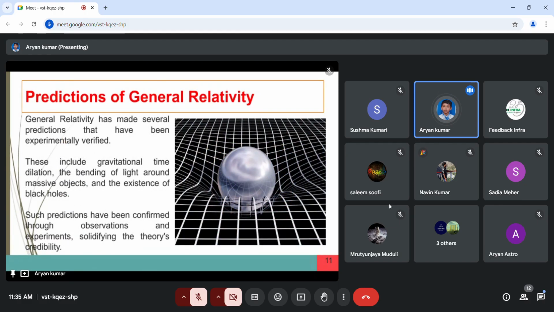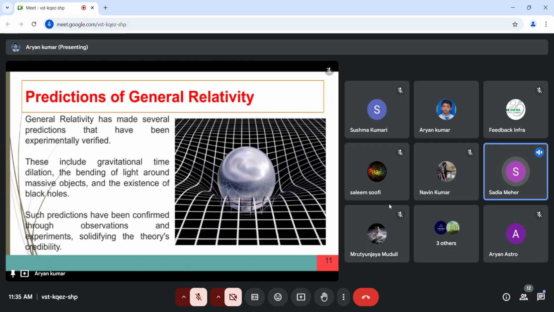Would you like to read this? Yes. Predictions of general relativity. General relativity has made several predictions that have been experimentally verified. These include gravitational time dilation, the bending of light around massive objects, and the existence of black holes.